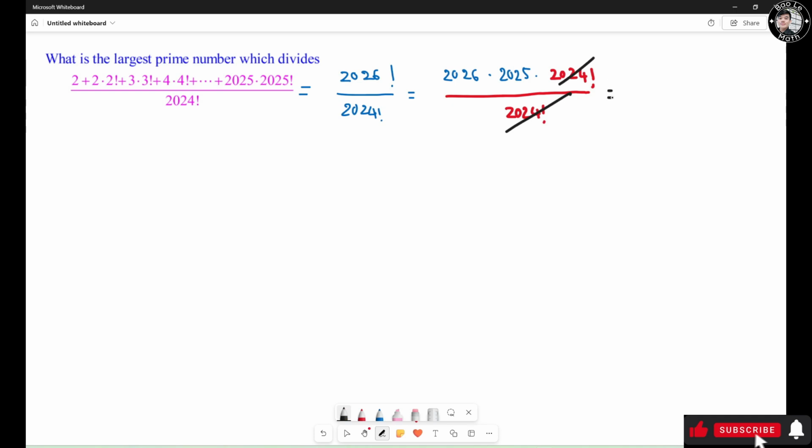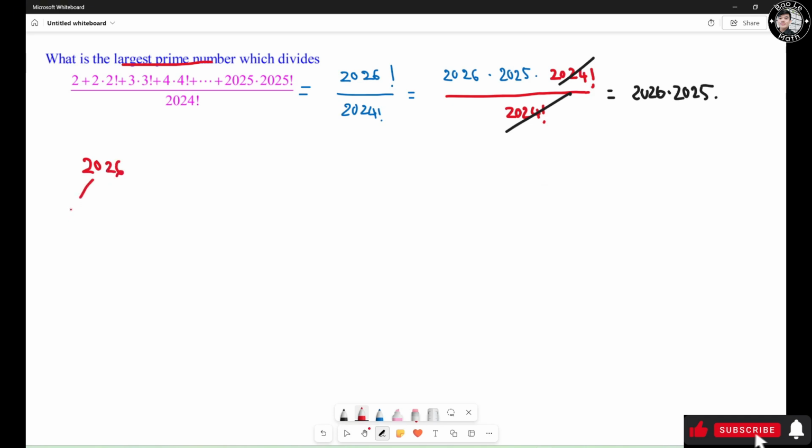The answer is 2026 times 2025. Now we need to read the question: what is the largest prime number which divides this? Basically we need to do the prime factorization of this, and then find the largest prime number. So I'm going to factor 2026.